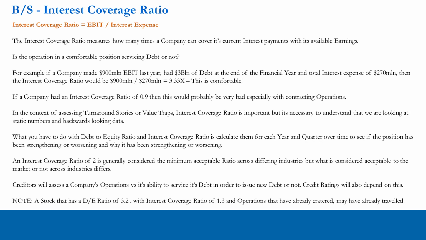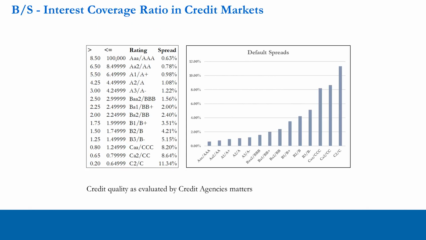So it's important to remember this, because we never want to be in a situation where we're looking at past financial statements, looking at bad numbers, and then taking positions like a short position in a stock just because on paper, in the last set of financial accounts, in a backwards looking context, the numbers looked bad. We need to always be thinking of looking forwards, because it's likely in this situation that the stock has already traveled down.